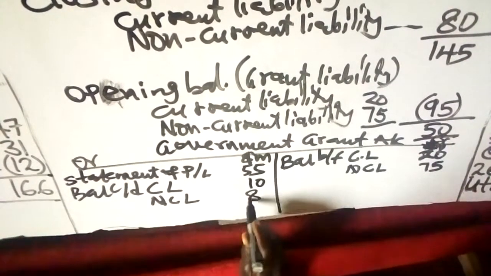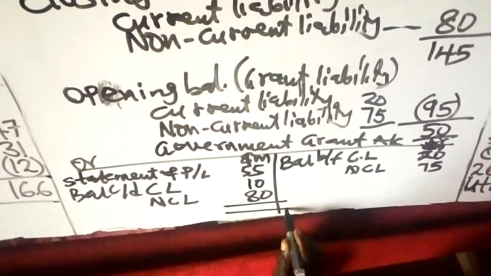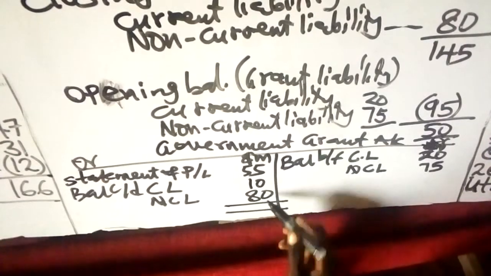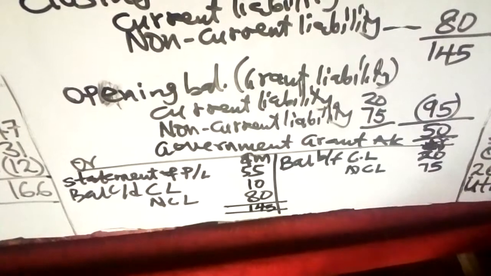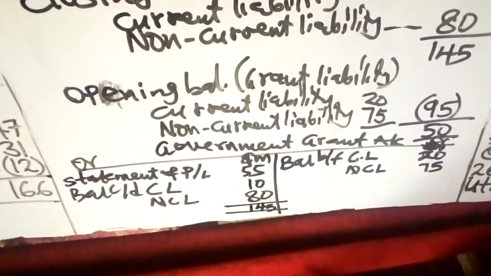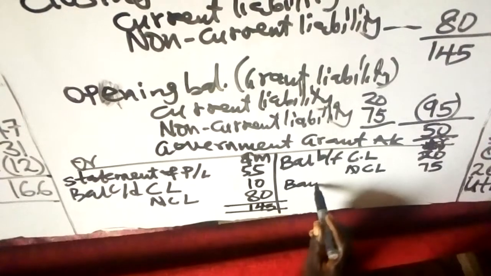When you sum this up, the total of the debit side, 55 plus 10 plus 80, is 145. The credit side, 20 plus 75, is 95. If you subtract 95 from 145, you have bank or cash.